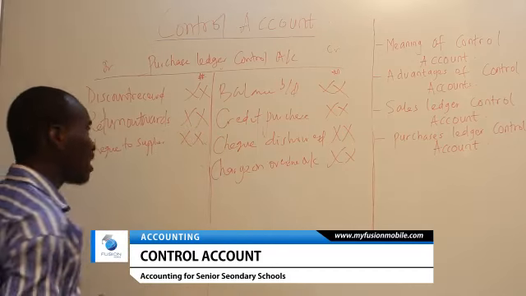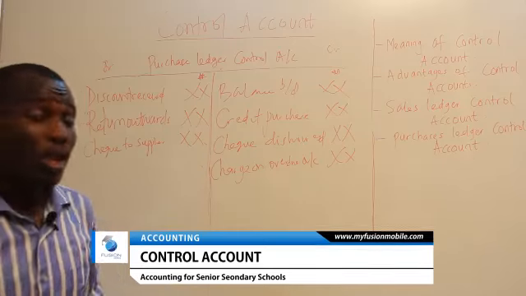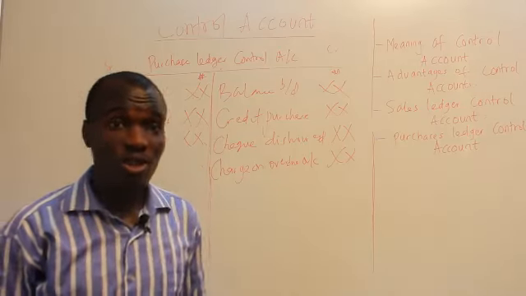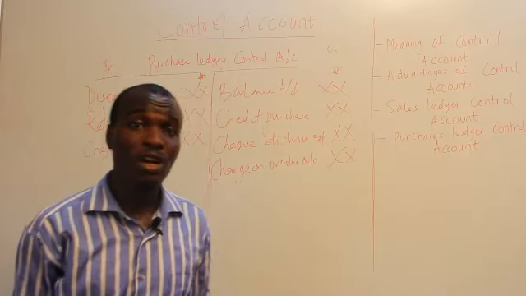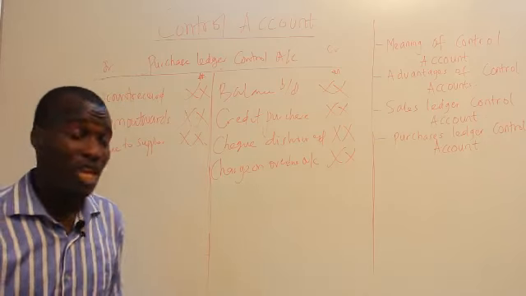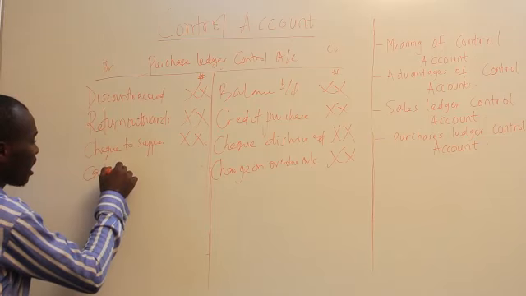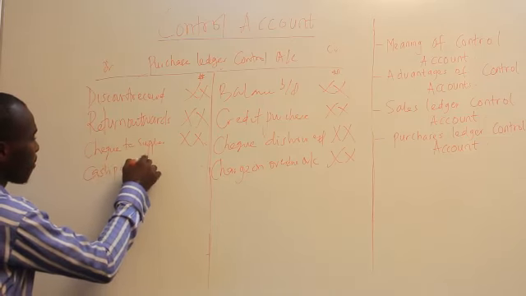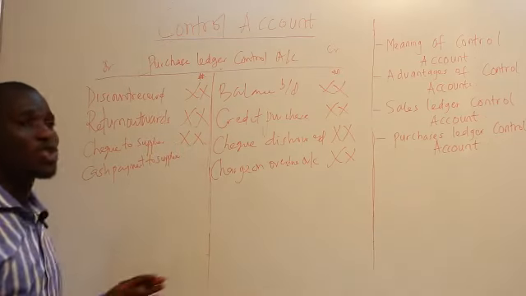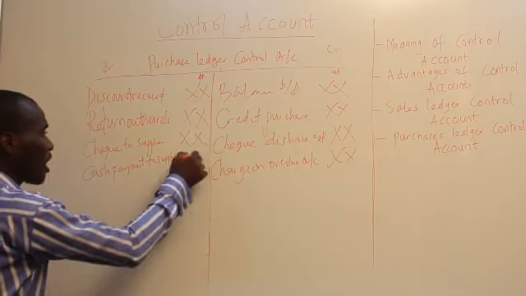That will also be debited to the supplier's account or total creditors control account, because that serves as a deduction of debt within the period. So the supplier's account will be debited once there is a cheque payment to them within the period. Now the next thing is cash payment to supplier. Once there is cash payment to a supplier, the account will also be debited. So we have that here.